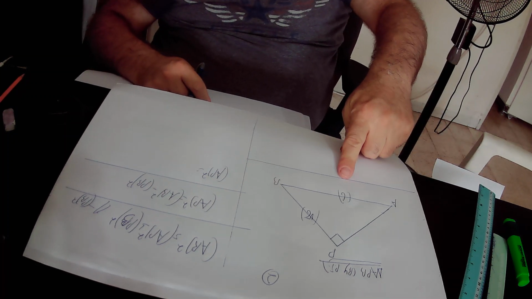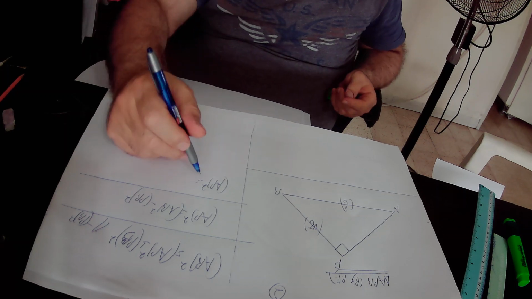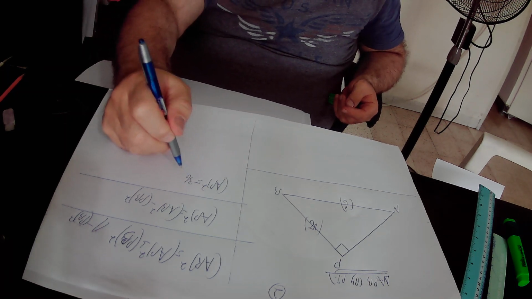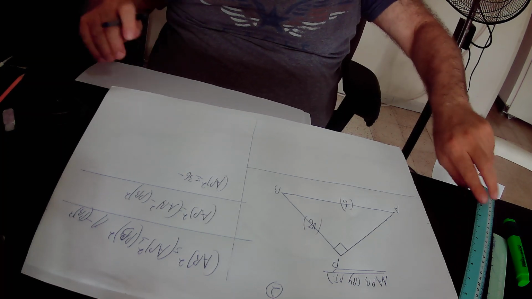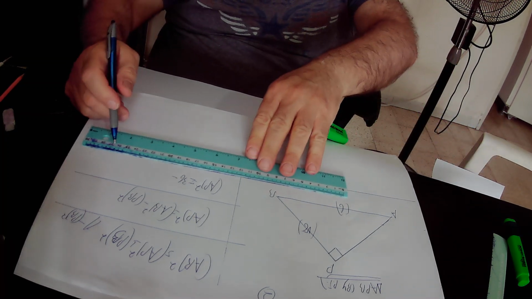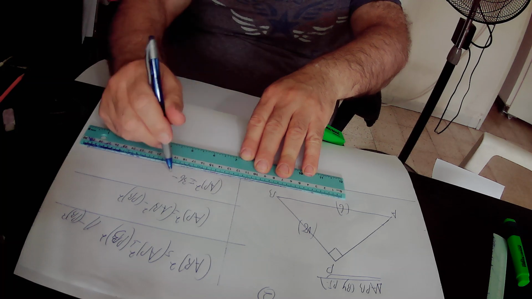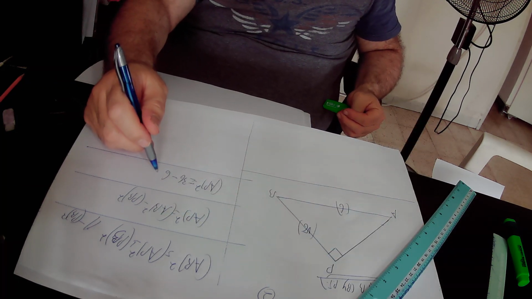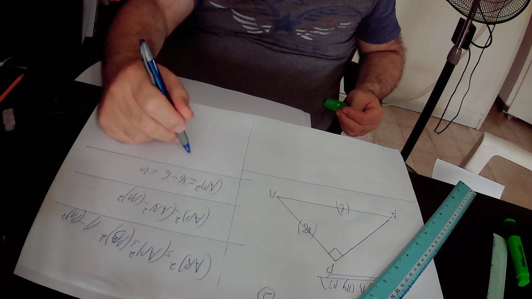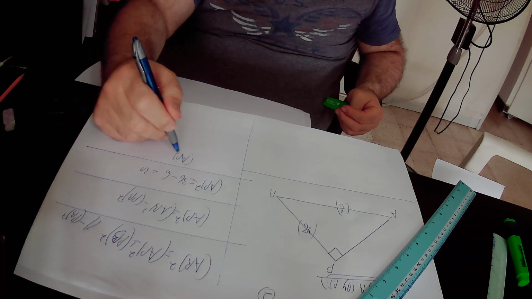AB is 6, therefore AB squared is 6 squared, that is 36, minus PB squared. PB is square root of 6, therefore PB squared is 6. So in total, AP squared equals 36 minus 6, which is 30.